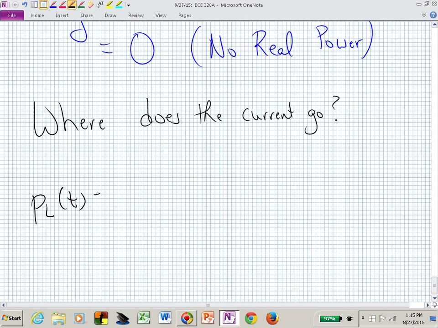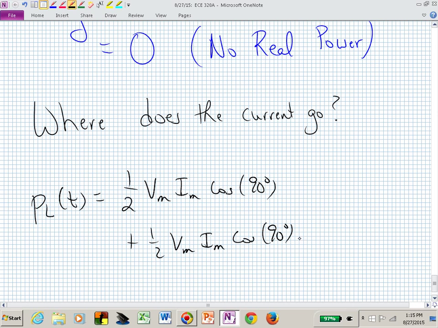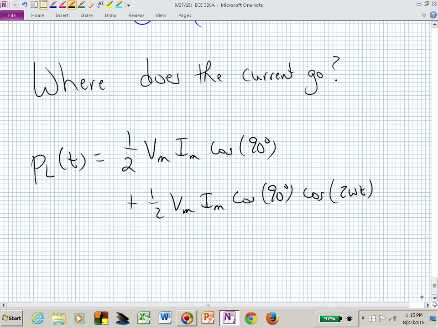So if we looked at the instantaneous power of this, we have 1/2 Vm Im cosine 90 degrees plus 1/2 Vm Im cosine 90 degrees cosine 2 omega t minus 1/2 Vm Im sine of 90 sine of 2 omega t.